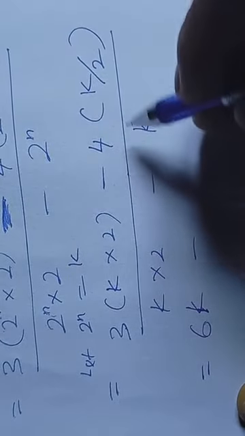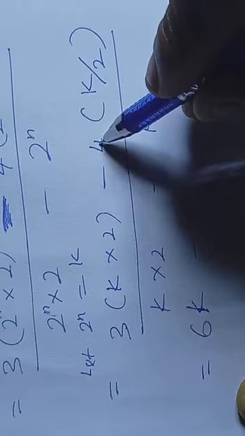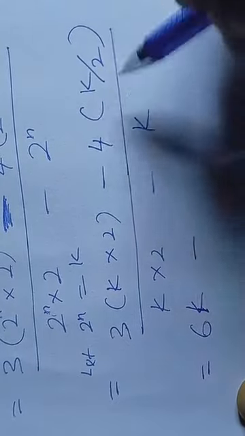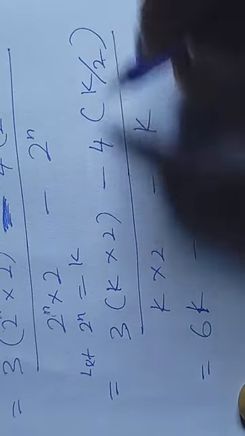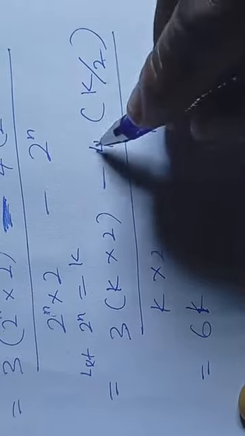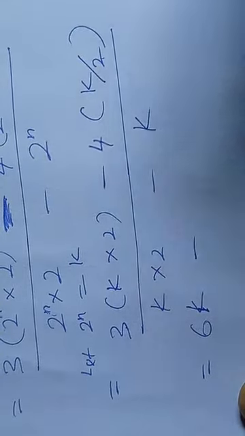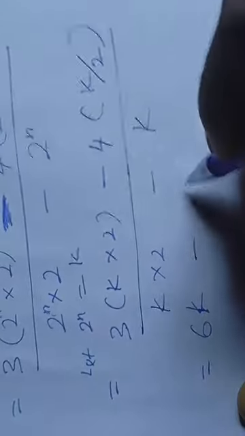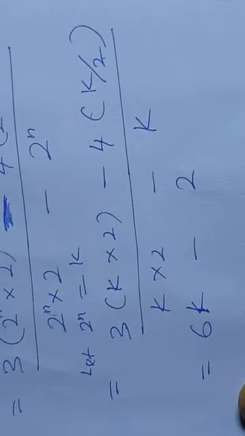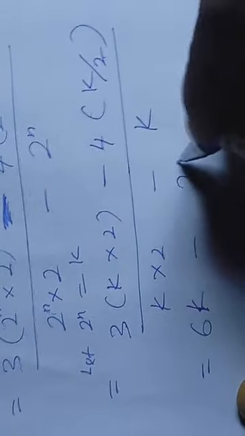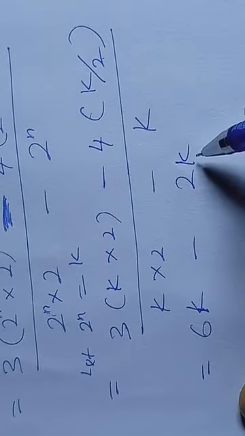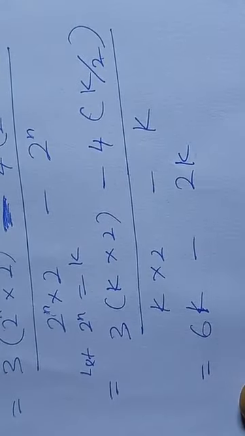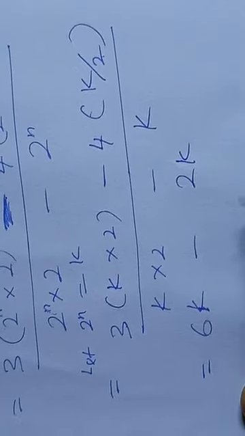Minus, here you're dividing: 4 times k over 2. So this 2 can divide this 4, and 2 cancelling 4 will give you 2. That's 2k as the coefficient.